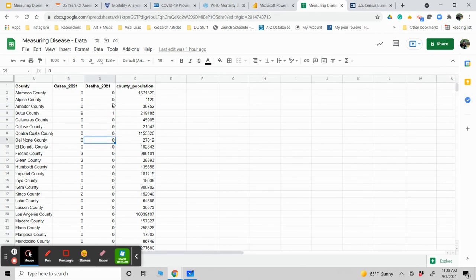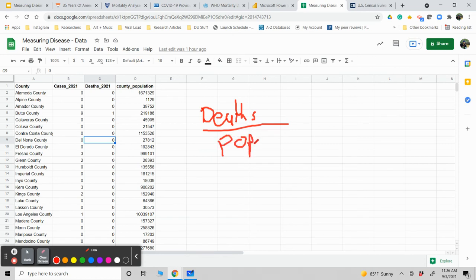And I'm interested in understanding mortality rate per county. So I know the calculation that I need to make. Let's see if I can do this. Deaths per population. So I want to calculate the mortality rate of West Nile virus per county, because I want to see where the risk of dying from West Nile virus is higher.